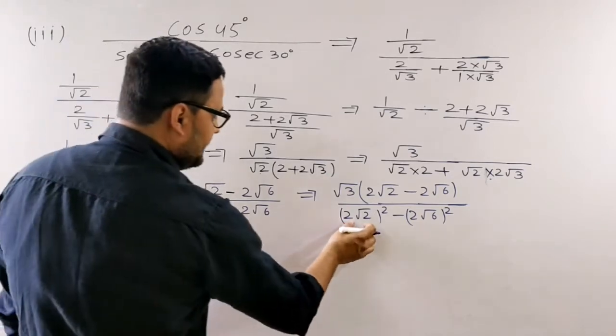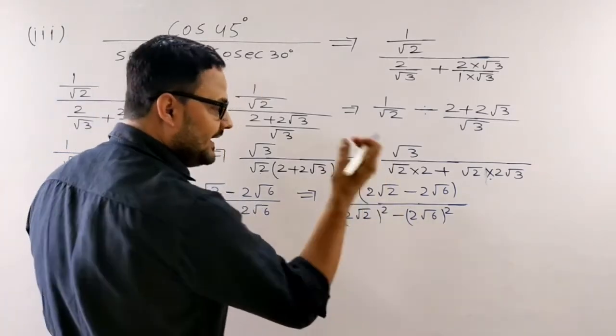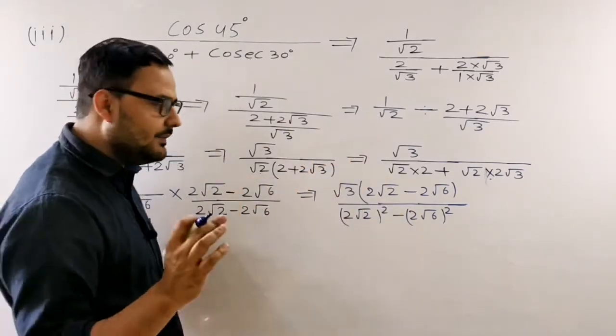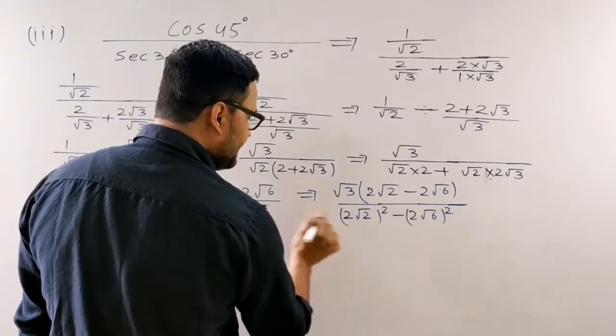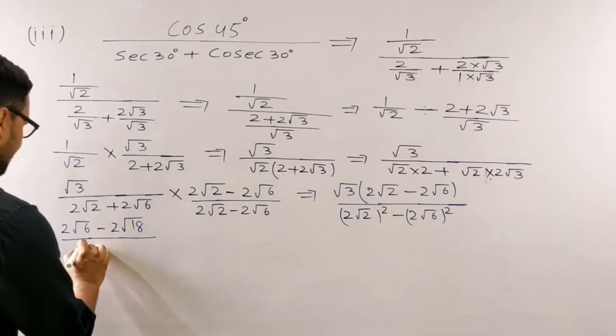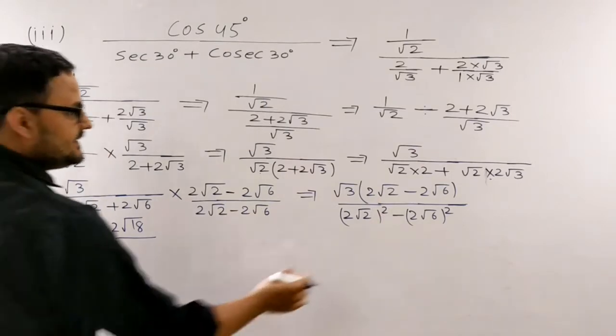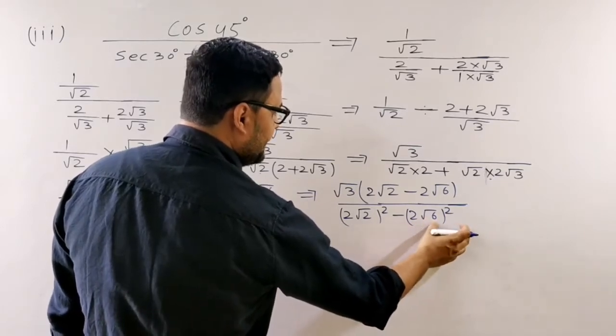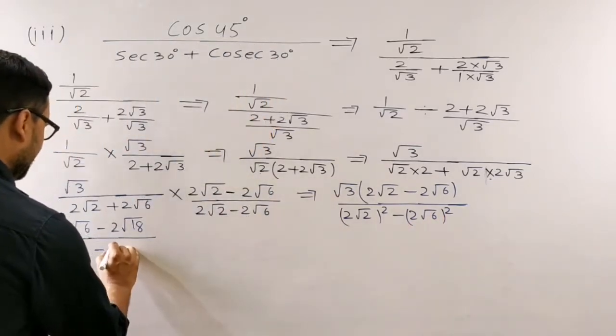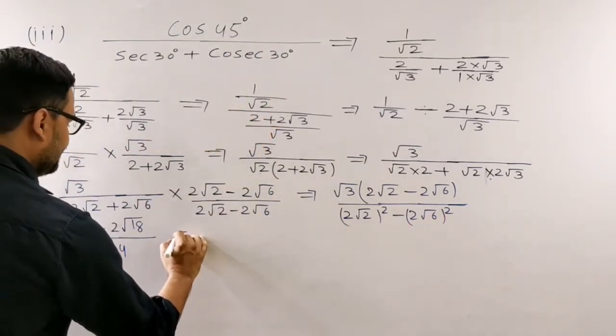Divide. 2 into 2, 4 and root 2. Like when we do a square of root, the root will be gone. So root 2 square is 2 and 2 square is 4. So 4 into 2, I got 8. Minus 2 square 4 and root 6 square 6. 4 into 6, 24. 8 minus 24.